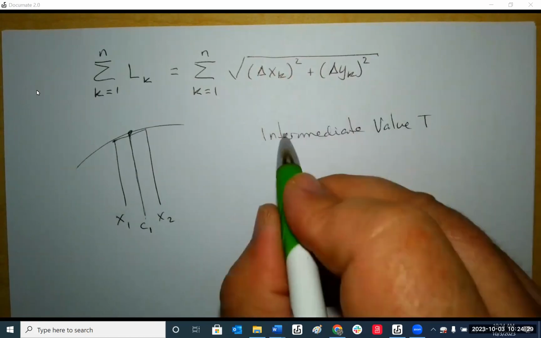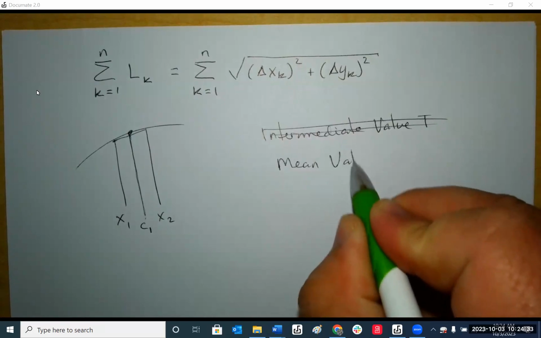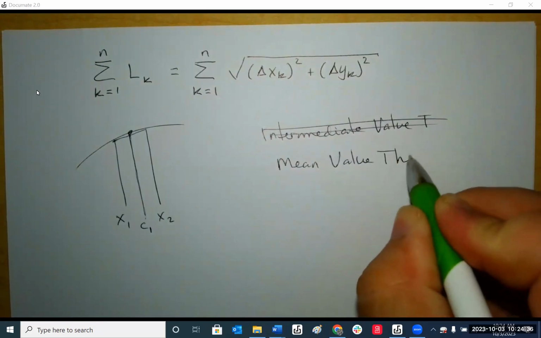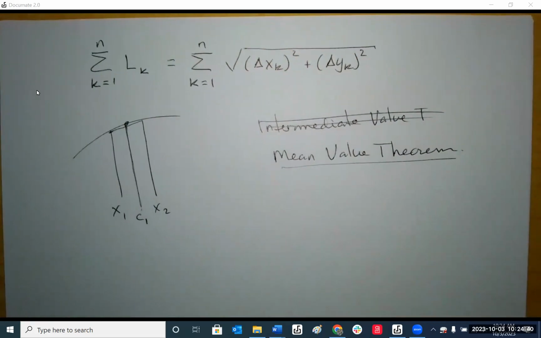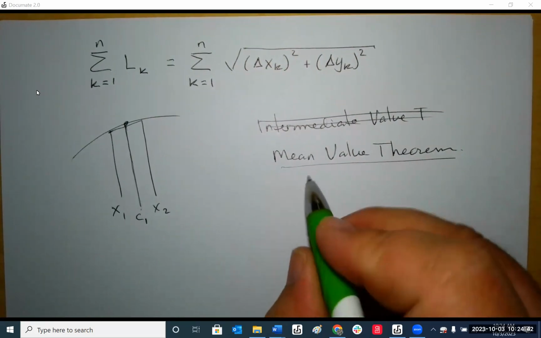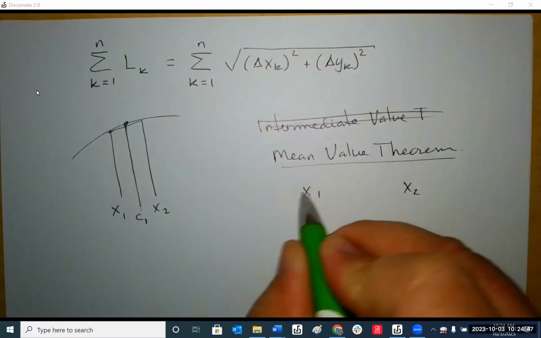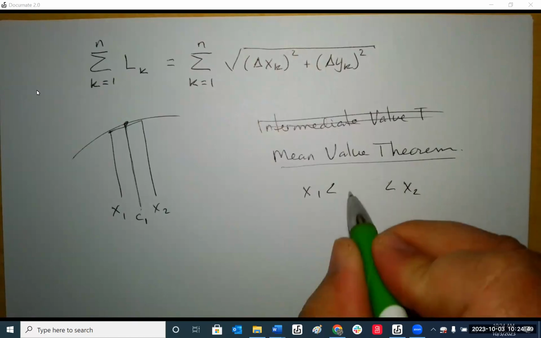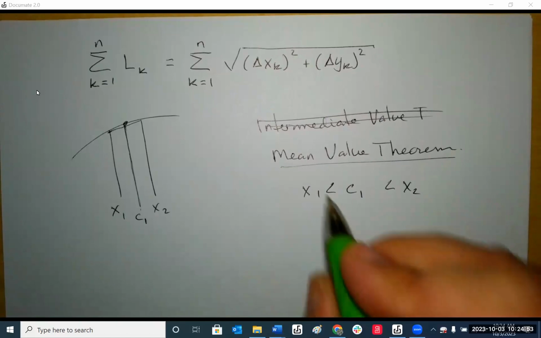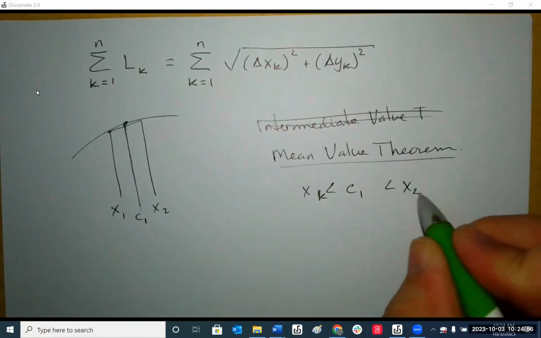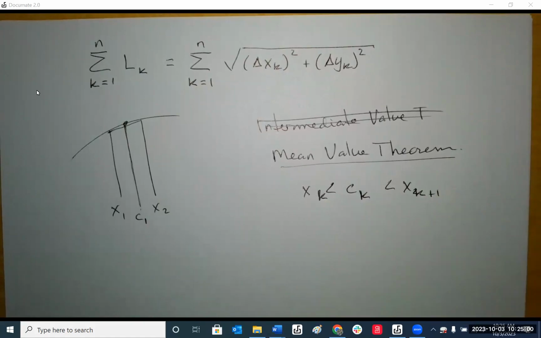Not the intermediate, the mean value theorem. The mean value theorem simply states that between any x1 and x2, there is a point between there. Or in general, between x sub k and x sub k plus 1, there's a c sub k in there.